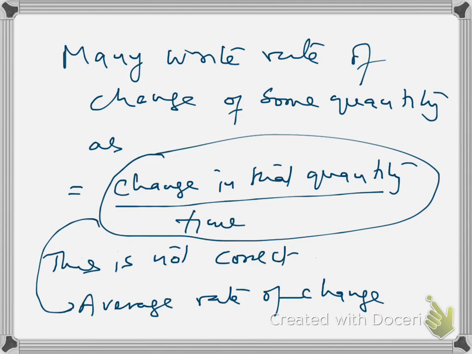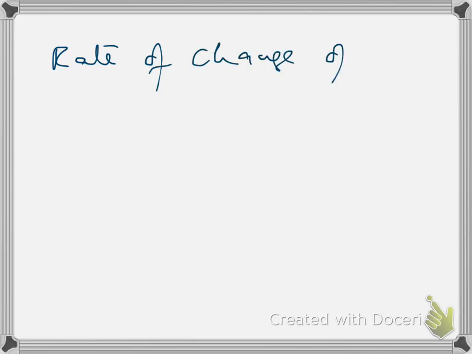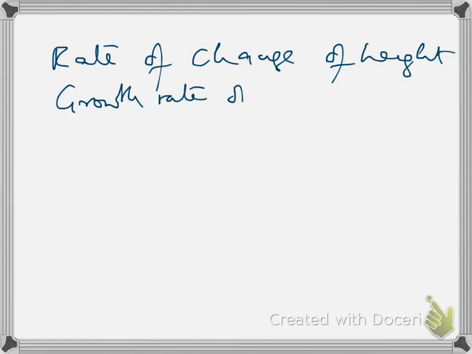Rate of change, growth rate, speed with which a certain quantity is changing, all these mean the same thing. You sometimes use these terms interchangeably. So rate of change of, let us say, height, or growth rate of height, or the speed with which height is changing with respect to time.